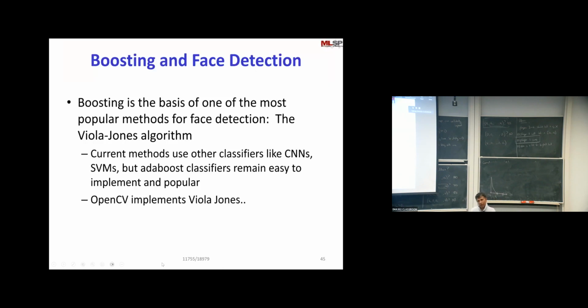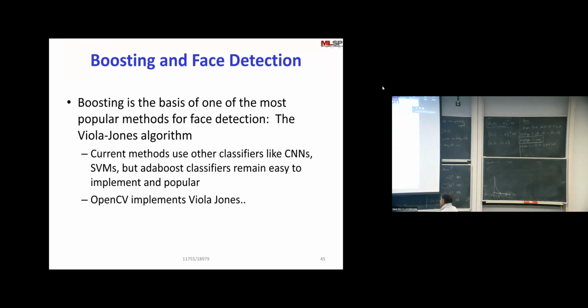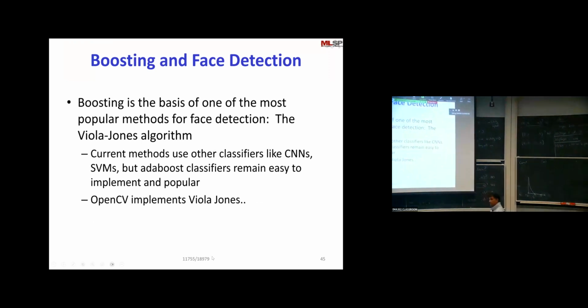Okay. And so boosting is the basis of one of the most popular methods for face detection, the Viola-Jones algorithm. Now, current methods use other classifiers like CNNs and SVMs.